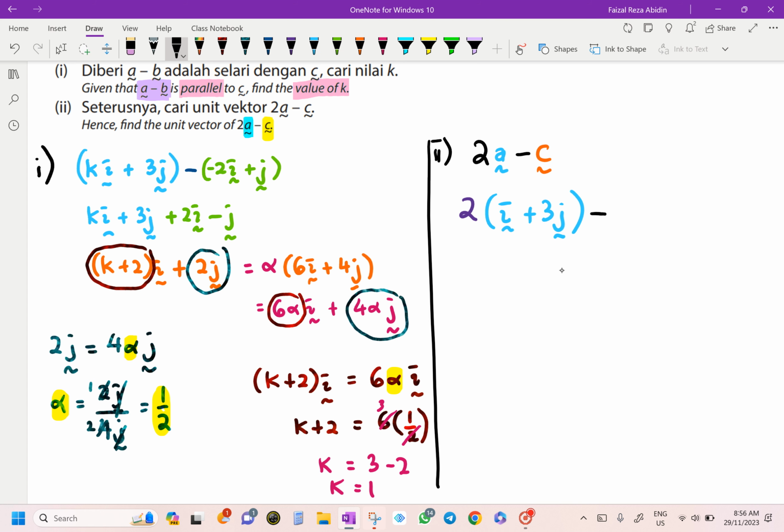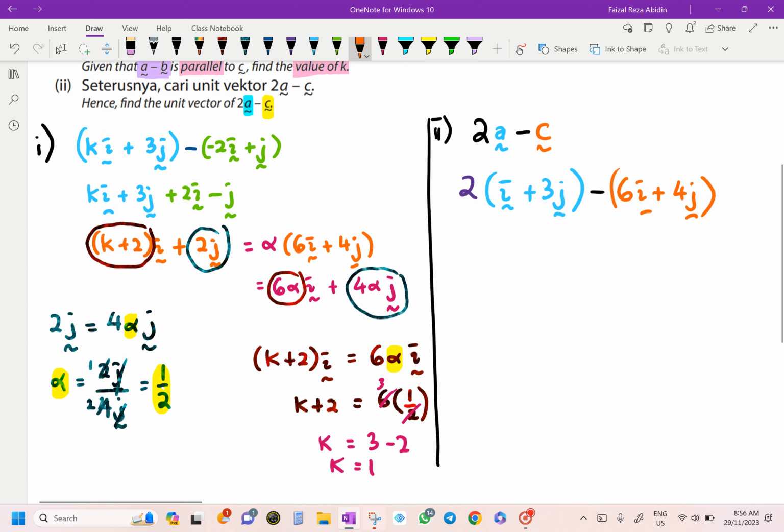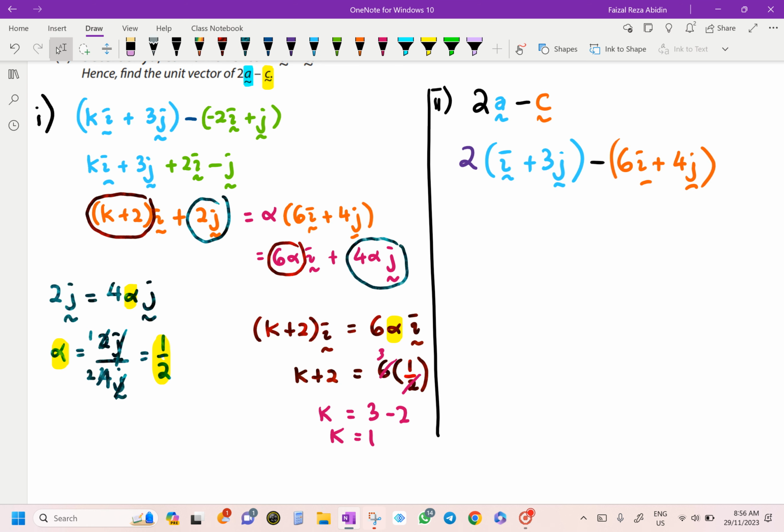Okay, minus c over here, just now you got what? 6i plus with 4j. That's how you are going to substitute. After that, expand. Okay, so we are going to get over here: the first one is 2i plus 6j minus 6i minus 4j.